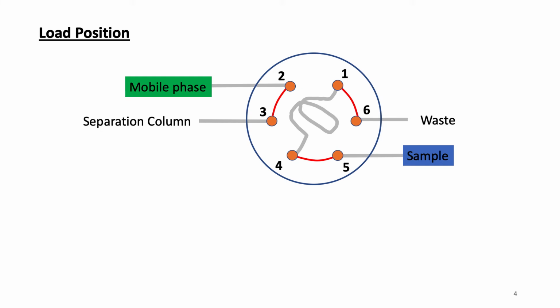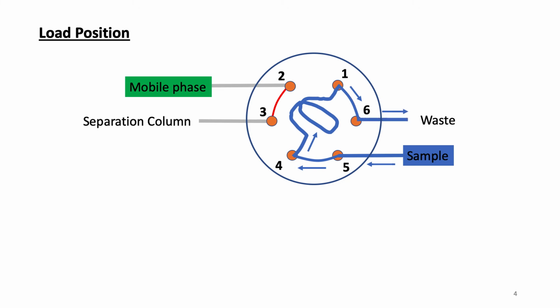Consequently, sample flows to port 5, then internally goes to port 4. Since port 4 and 1 are externally connected with the sample loop, the sample will gradually fill up the sample loop first, then internally goes to port 6 and eventually goes to waste.